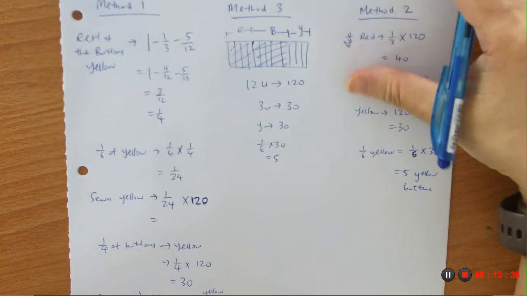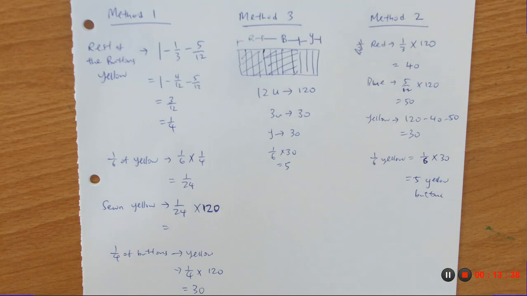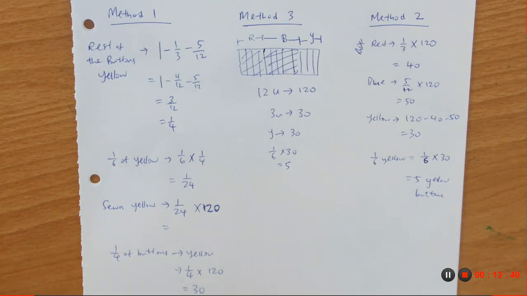If you can't see clearly, I advise you to go home and check out the video. What I want you to do is to clearly tell me whether you are able to understand 1 out of the 3, or all 3 out of 3 of the methods here, and which one you prefer.